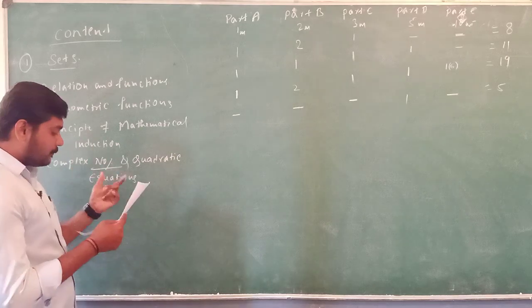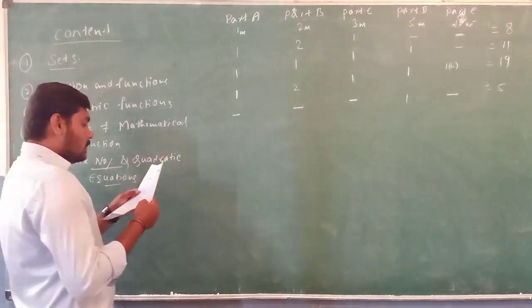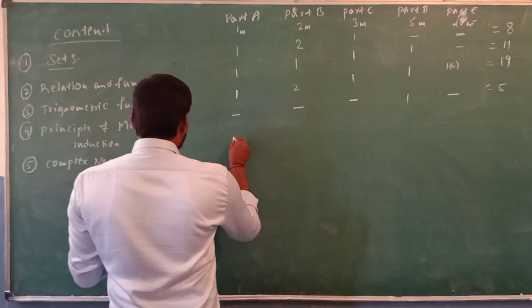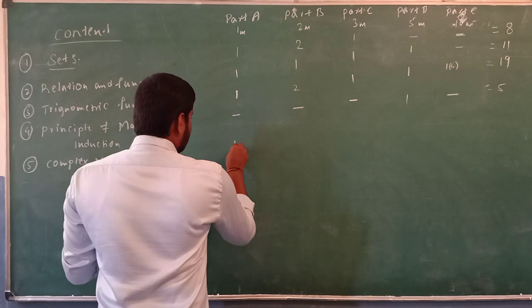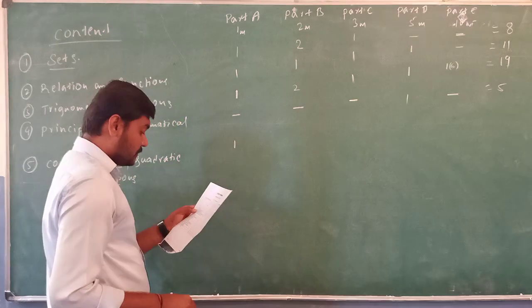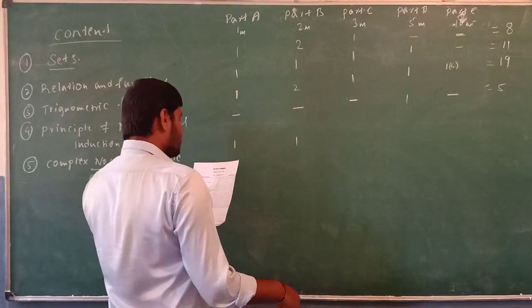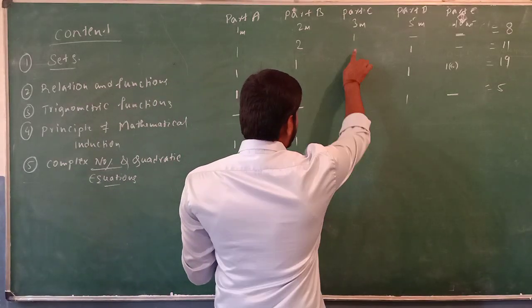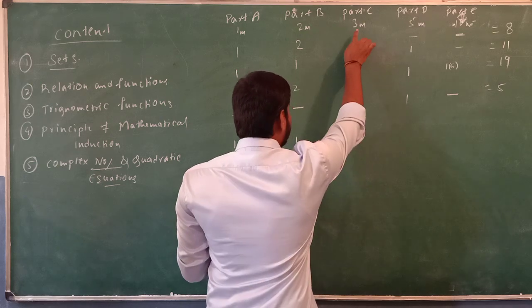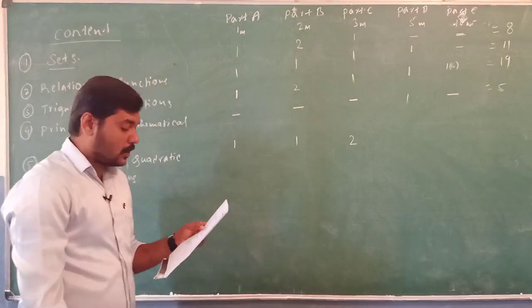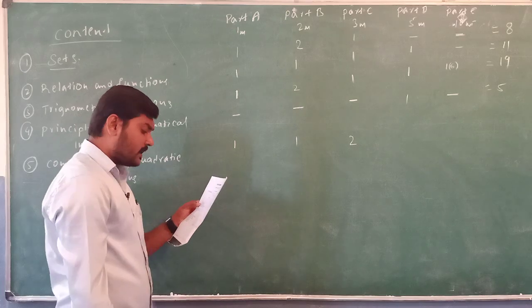Okay? So the number of questions and problems here. In part A, we have one question from complex numbers and quadratic equations. In part B, we have again one question. In part C, we have two questions, which means there will be two questions allotted for 3 marks in the chapter complex numbers and quadratic equations.